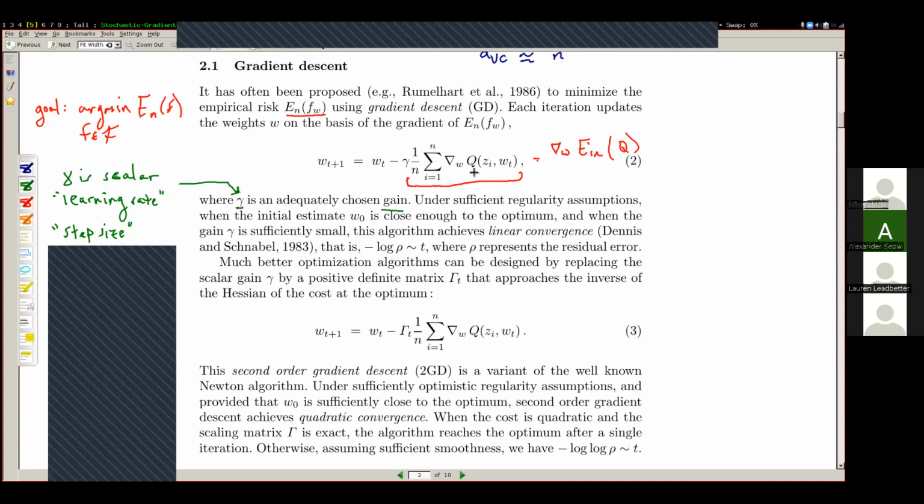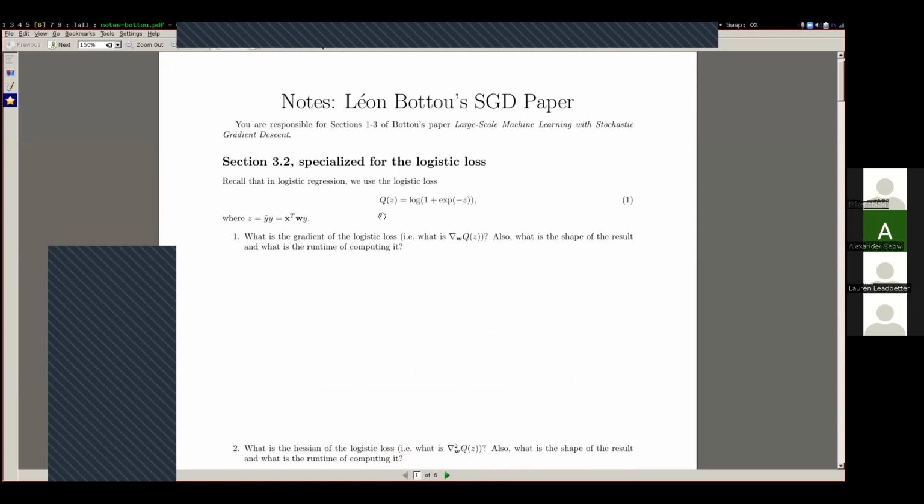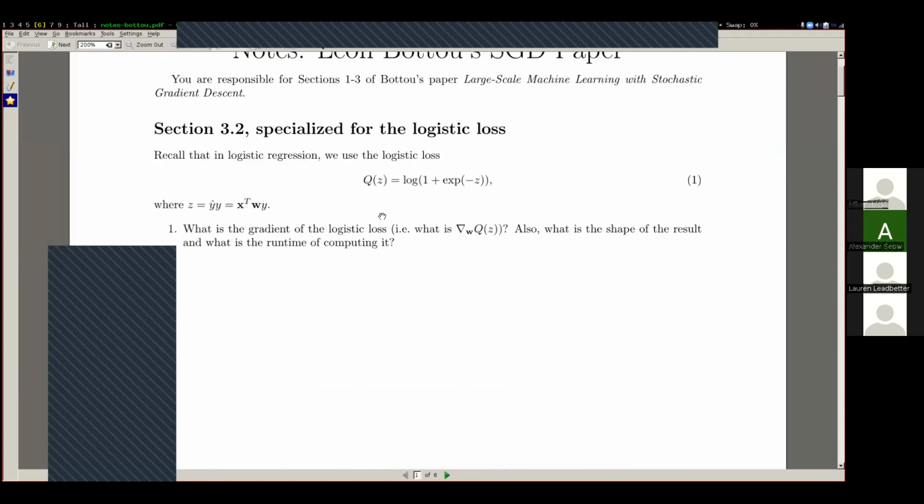In order to know the runtime of this iteration here, we need to know a little bit more about this Q formula, or this Q function, which they don't talk about in this paper. They just assume that you're familiar with it. So that's where we're going to switch over now to this set of notes here. We'll talk a little bit more about our Q function, the important properties of it, and then we'll switch back to the paper.